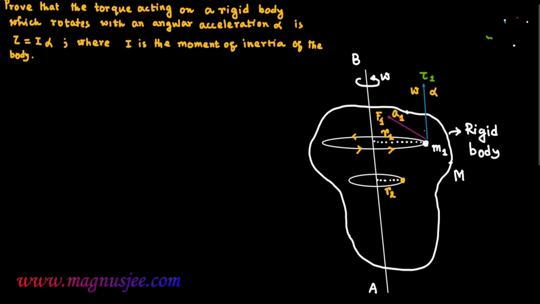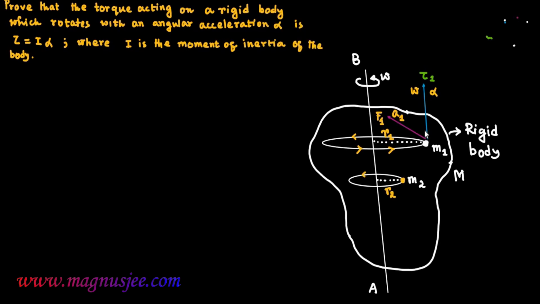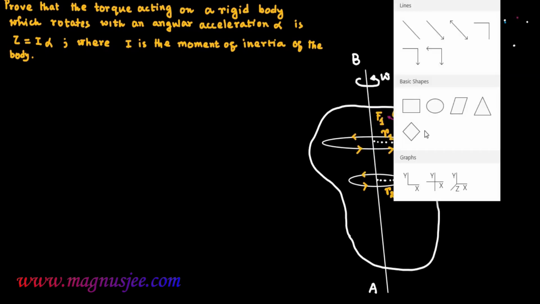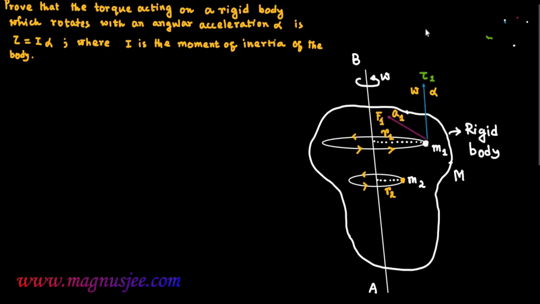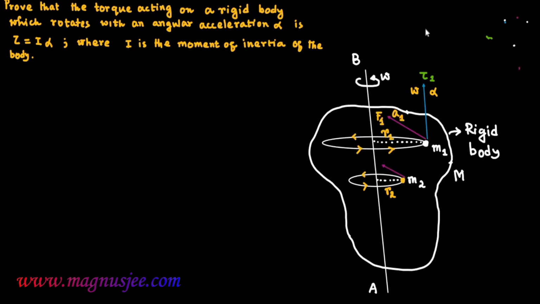R2 is the perpendicular distance of the second constituent particle of mass M2, and this particle revolves in anticlockwise direction in this horizontal circular orbit. On this particle, a force F2 acts inwards, and there should be linear acceleration in the direction of force F2.